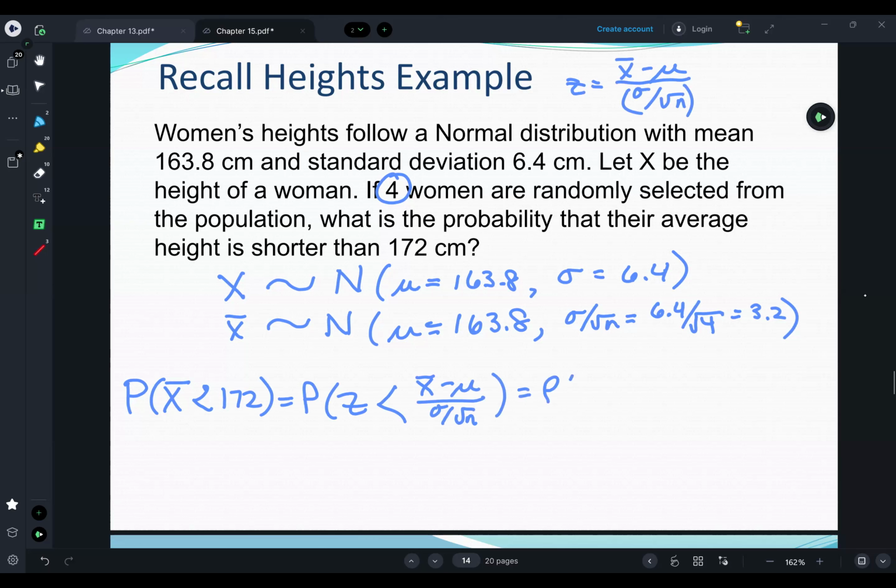Then that equals Z less than, well, X bar is 172, subtract mu, which is 163.8, divide by 3.2. Putting all that together, we get Z less than 2.56. That's when we grab the table.